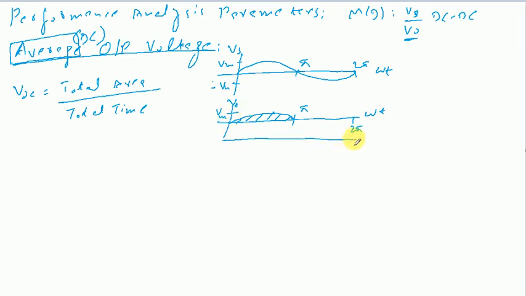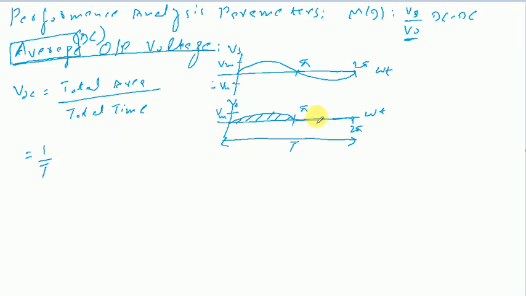The total time that we have available is this one, because we also need to consider this portion. This is equal to 0, but for the sake of analysis we can consider it in the beginning. So this is the total time period of this signal or function, so we can call it 1 over T.